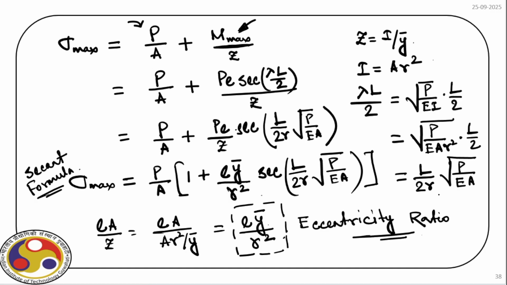So we have two things to deal with. One is the slenderness ratio, that is L by r, and we also have the eccentricity ratio in the second form.